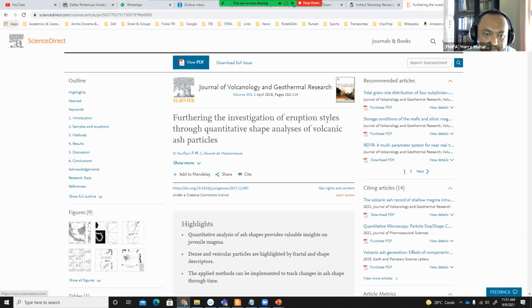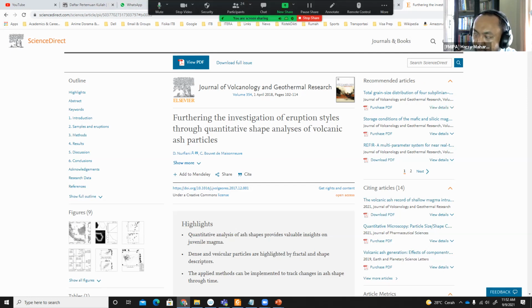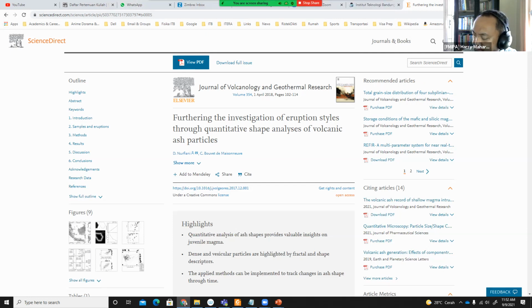If we use Science Direct, we can access it from our home. But if we are going to use Scopus or Web of Knowledge or Web of Science, we need to have access first into the ITB VPN before we access Scopus, etc. So these are basically the basic tools for looking for journals.